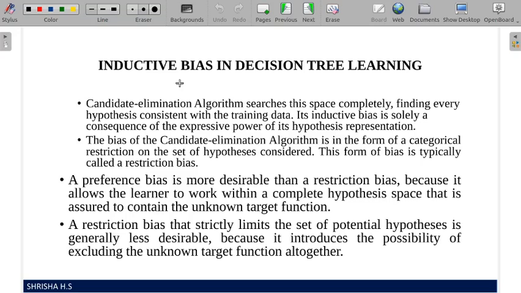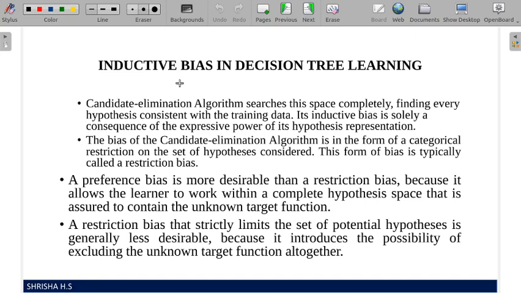Now the candidate elimination algorithm's inductive bias: its characteristic is that it completely searches the space. Remember that we generate all possible hypotheses from the specific and general boundaries. It searches this hypothesis space completely, finding every hypothesis consistent with the training data.